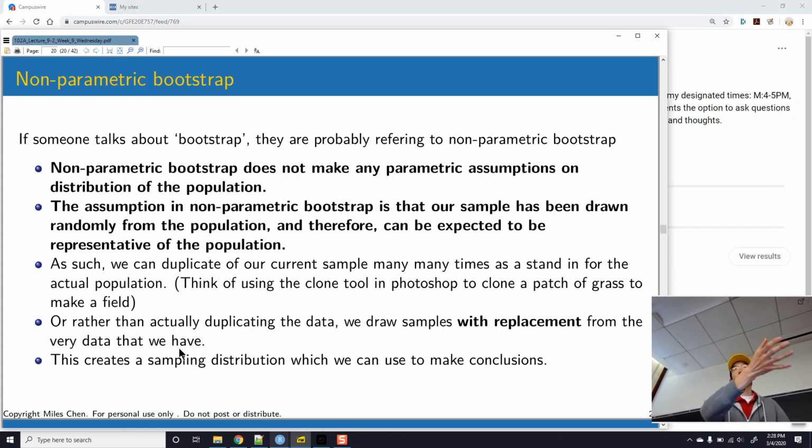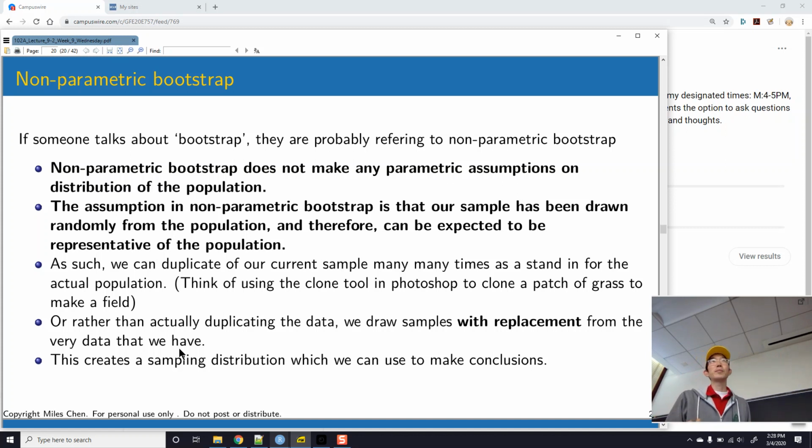We're going to say, here's my random sample of data, it seems reasonable to think this is representative of the population. So what I'm going to do is copy and paste it. I'm going to use the clone tool, and now I've got this big thing. I'm going to call this the population. As far as the computer goes, we don't technically have to do this copying and pasting and cloning. If I take the sample and sample with replacement from the sample I have, that is mathematically equivalent to copying and pasting my sample an infinite number of times.